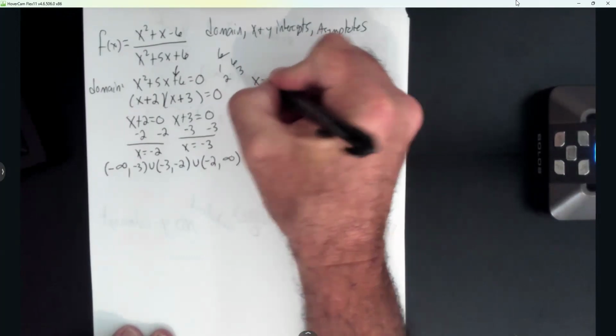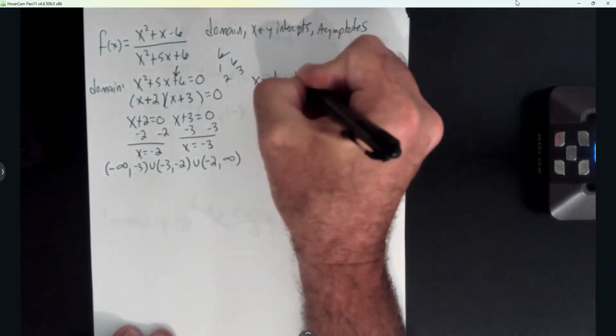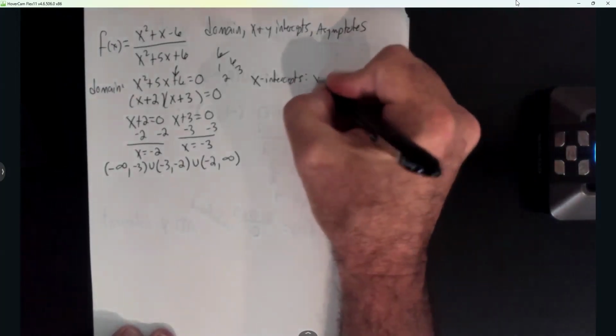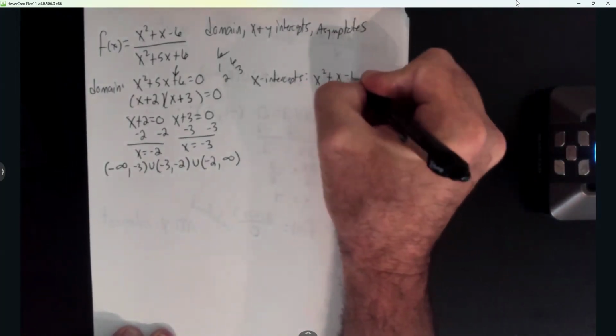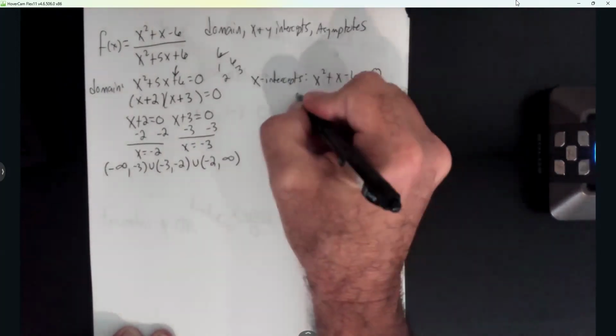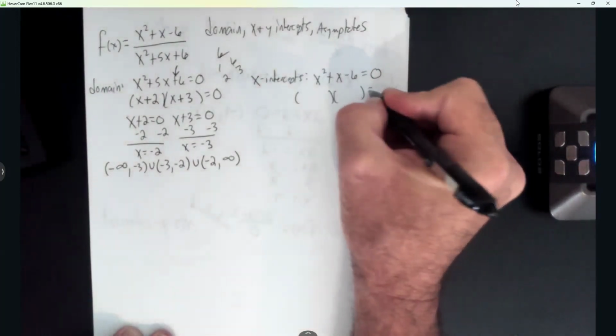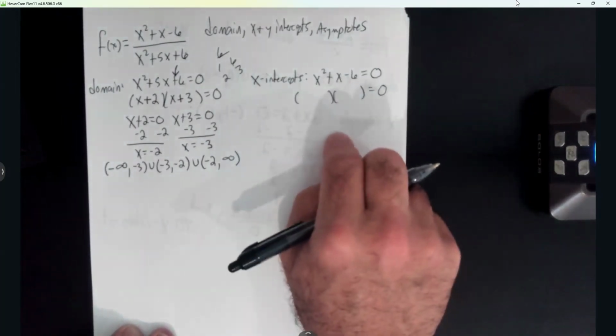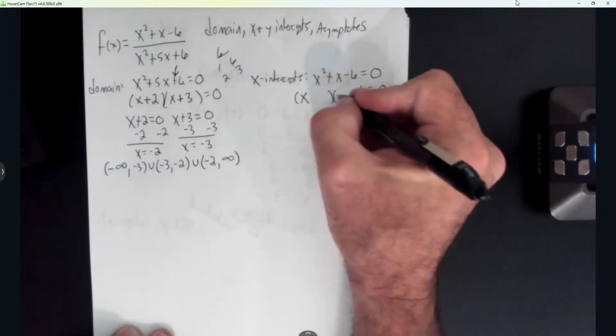X-intercepts. I'm going to set the top equal to 0. So that one I'm going to factor, or you could graph this part in y equals and get those 2 answers that way, okay? All right, x and an x.